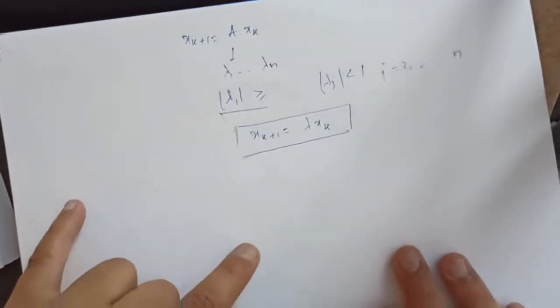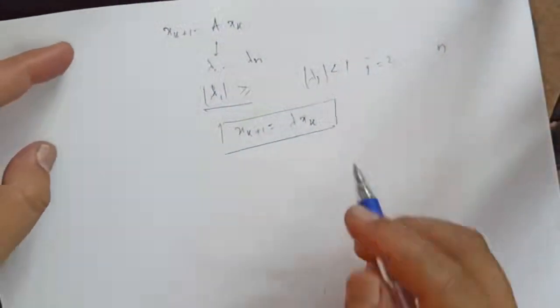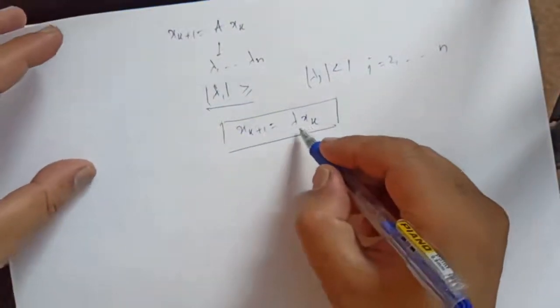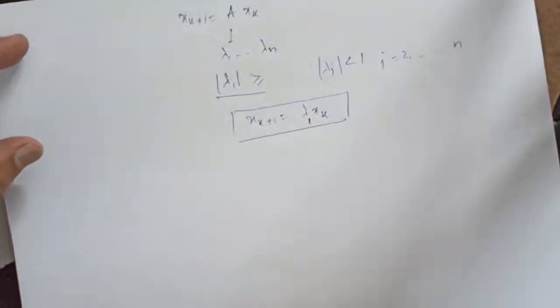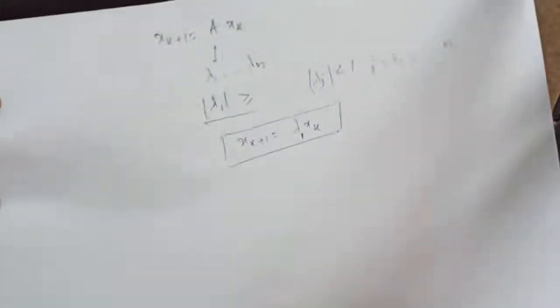This is how we can understand the steady state behavior of a discrete dynamical system using eigenvalues and eigenvectors.